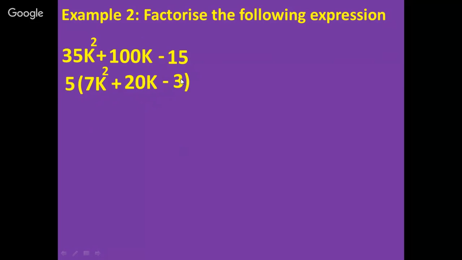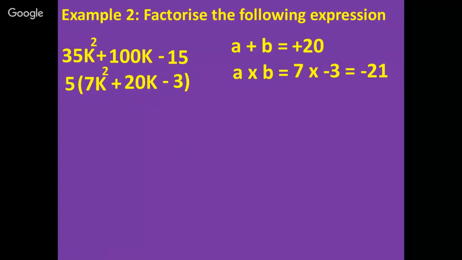So let those two numbers be a and b, then a plus b must be equal to plus 20, and the product of those two numbers, a multiply b, must be equal to 7 times negative 3, which is equal to minus 21. So we need two numbers whose sum is plus 20 and whose product is minus 21.